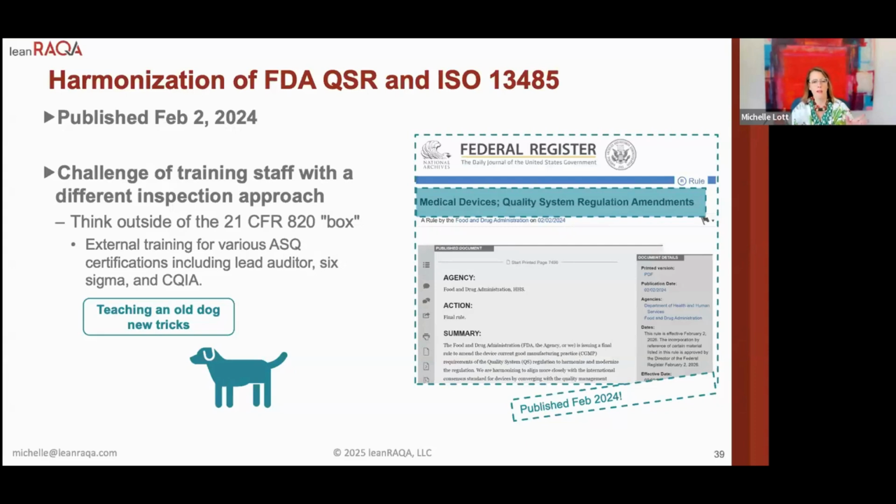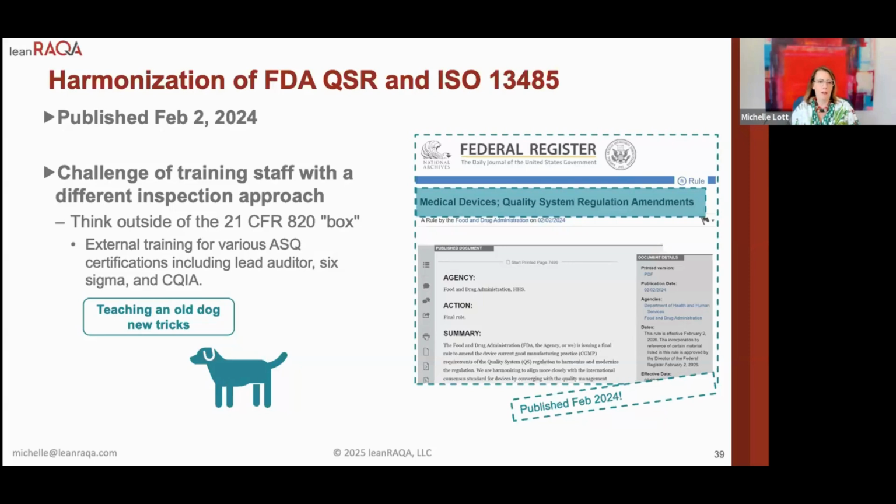It's going to require them to think outside of their QSR 820 box, if you will. They're going to have to move from a true process approach to something more of a checkbox activity, because they have to focus on powering through the entire scope of the standard, as opposed to following where the gaps take them.